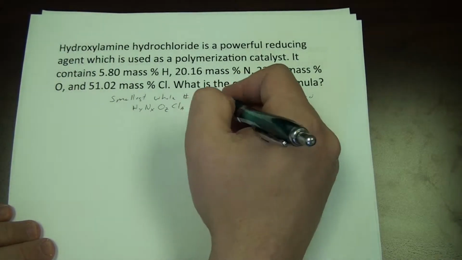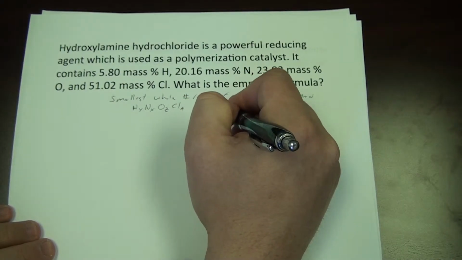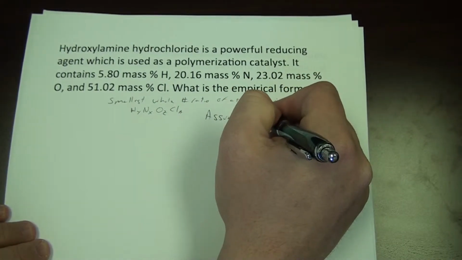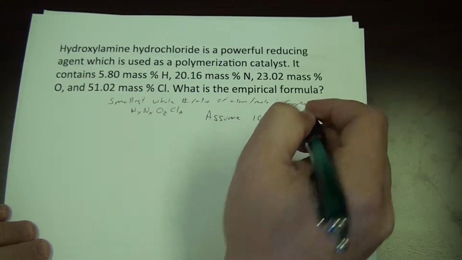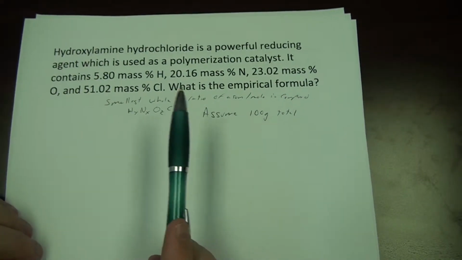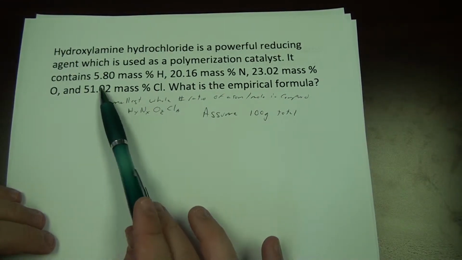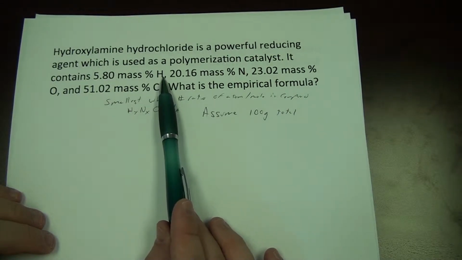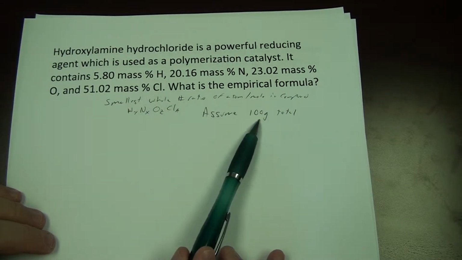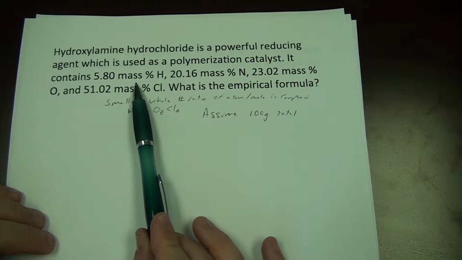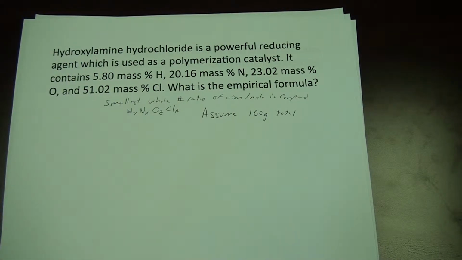So the first thing, this is all a percent, right? So we can assume 100 grams total. Which means if we have 100 grams, mass percent is the mass of that atom over the total mass. If we have 100 grams, this percentage then becomes grams of that atom.